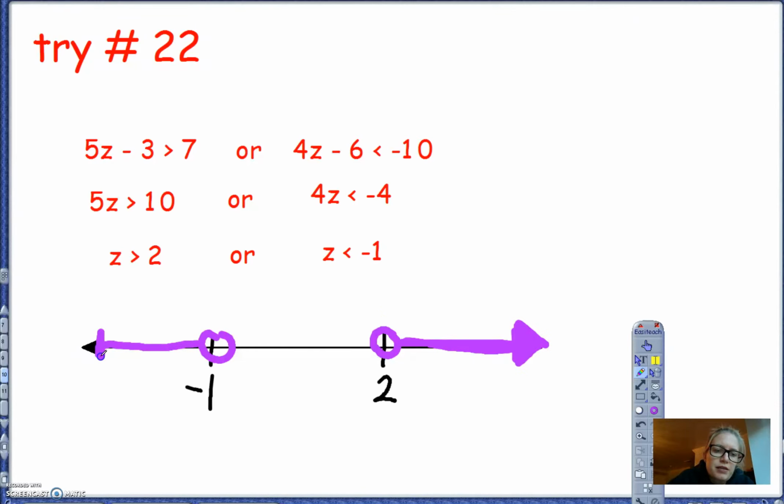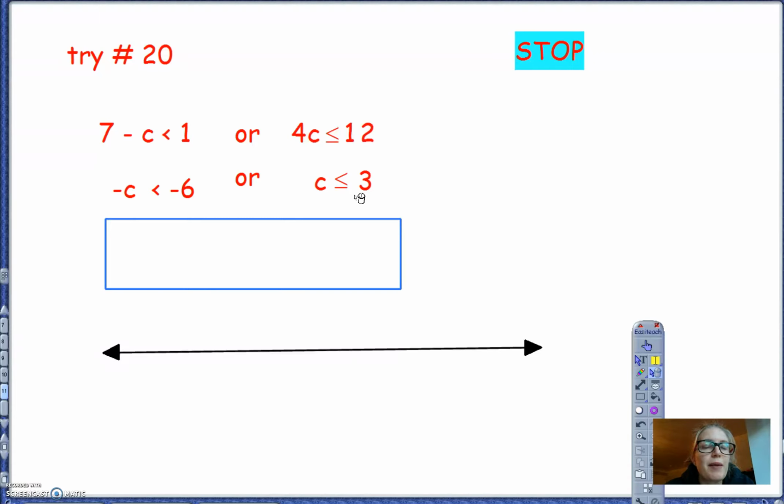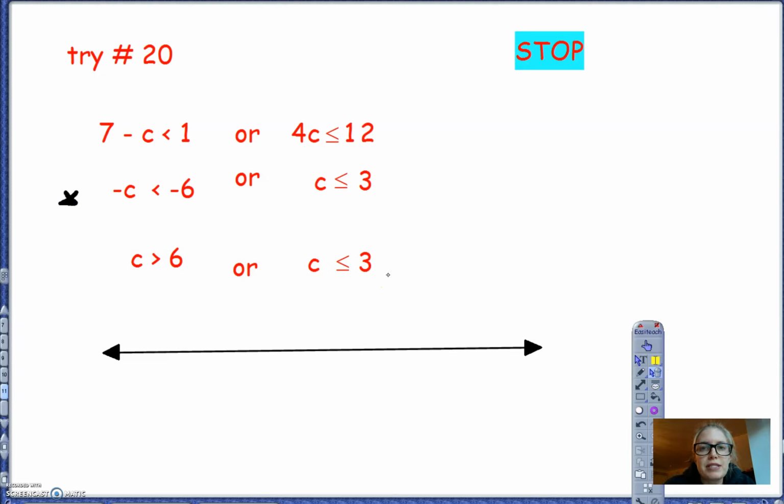Okay, last problem to try. In this problem you can try it on your own and see how you do, or you can go along with me. On the left side you should subtract 7 from both sides, and on the right side you should divide by 4. However, on the left side, you got to be careful. There's still that -c, so you're going to divide both sides by -1, and when you do that, realize that your sign changes, and you get c is greater than 6, and c is less than or equal to 3.